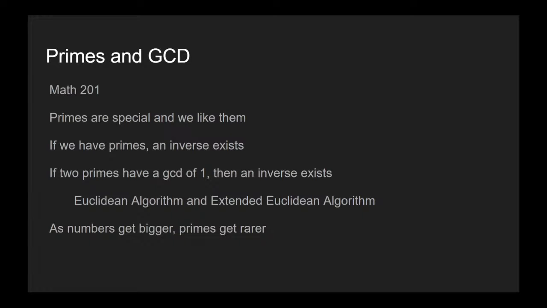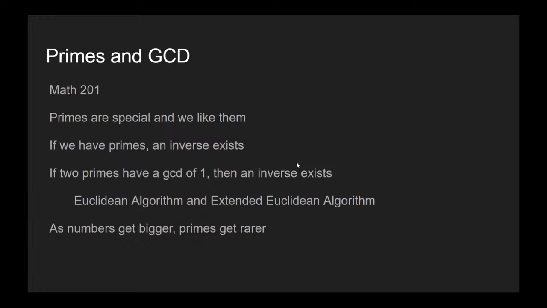And like I said, as you get towards infinity, primes get more and more rare, and computers are going to take a longer time to find the primes that you used. So when you're using an algorithm, if you're somehow doing it by hand, it's in your best interest to use these bigger numbers, because computers are going to have a hard time decrypting your stuff.